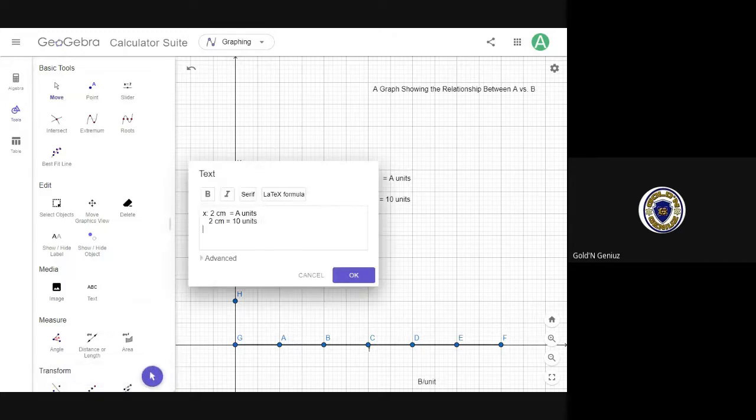So on the y-axis, let me just take out this general statement. On the y-axis, we measure it also by 2 centimeters. This is not always the case. Remember, we analyze it and see it is better to go up 2 centimeters instead of 1 centimeter.